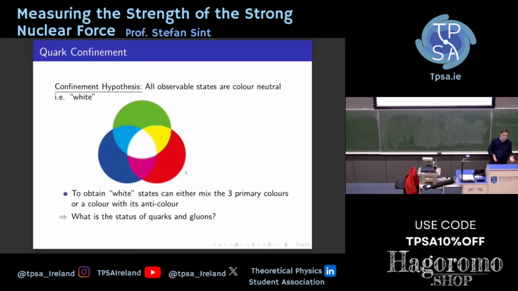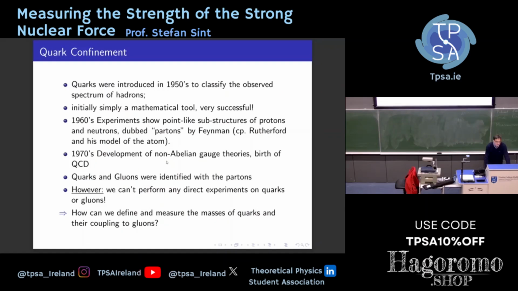So the confinement hypothesis I already mentioned is that the observable states in nature are always the white combinations of quarks and gluons in all possible ways. And so then the question is, what is the status of quarks and gluons? I mean, in experiments, how do we even know about them? There is some history to that, which is quite interesting.